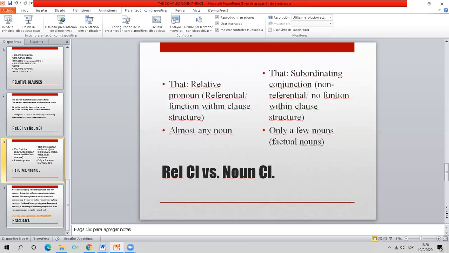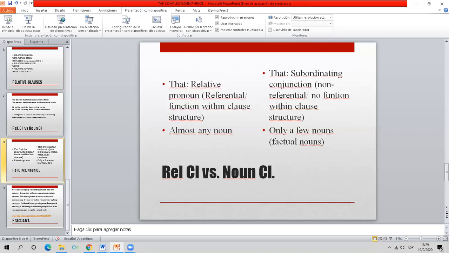Now, you can find a relative clause with almost any noun. Now, the noun clause as a complement is only used with some nouns, with a few nouns which we may call factual nouns. Factual nouns because the main member of the group is the fact.